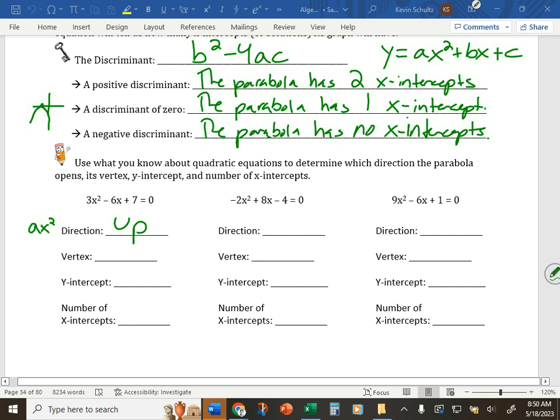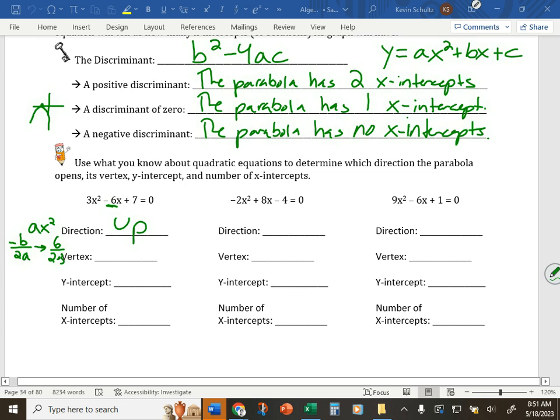What's the vertex? Negative b over 2a. Okay, so this is a fun one, right? The x value of that vertex is negative b over 2a. In this case, what's that going to be? Positive 6 over 2 times 3. I heard someone say negative 1, but remember the b value is negative.